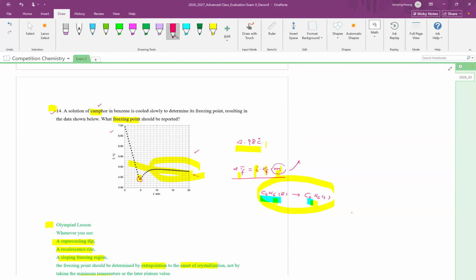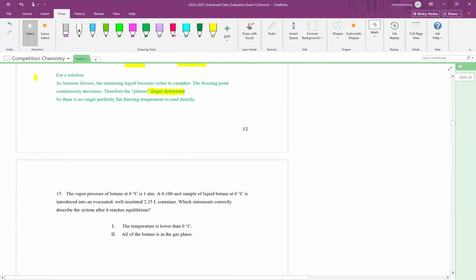The ocean water freezes, and the salt stays in the solution. When fresh water becomes ice, the salt concentration increases, and the freezing point will decrease. Exactly, it's this case. Okay, go to the next one.